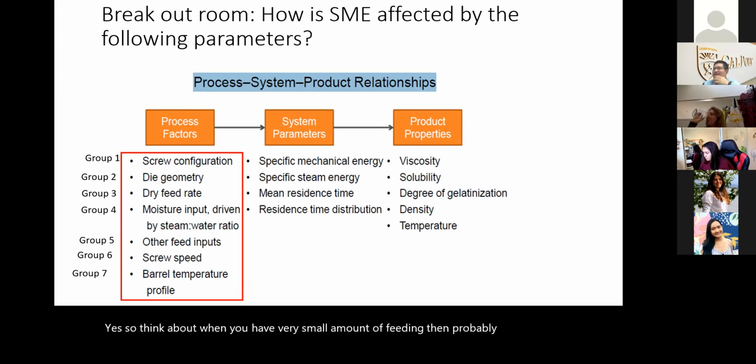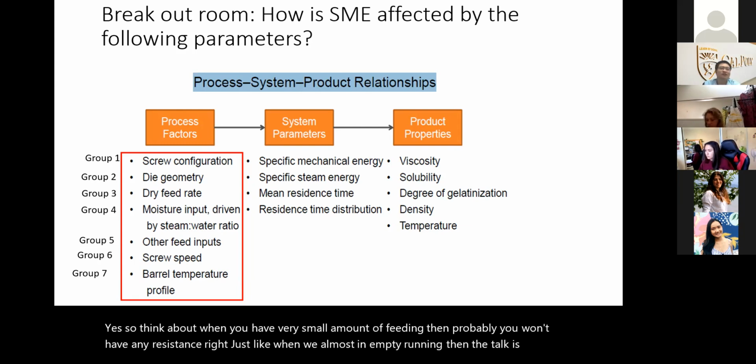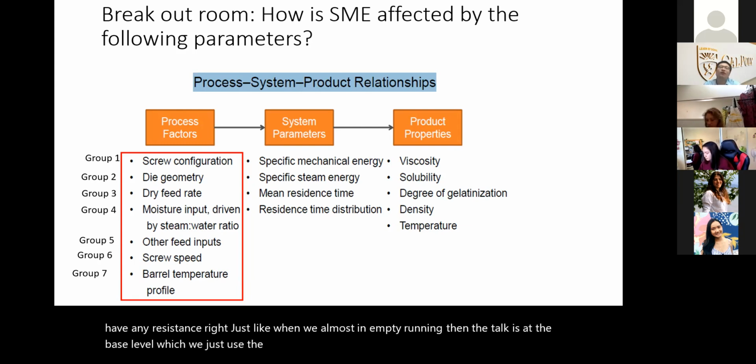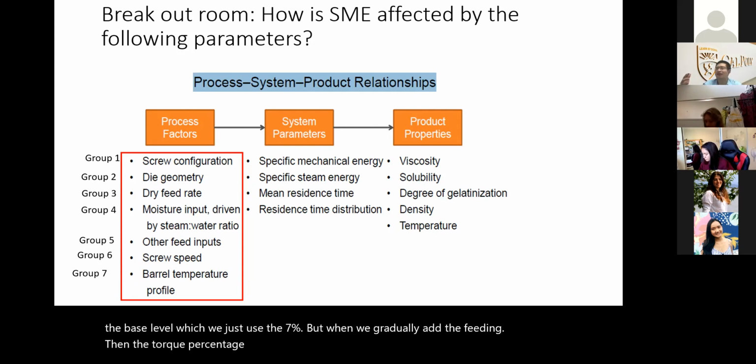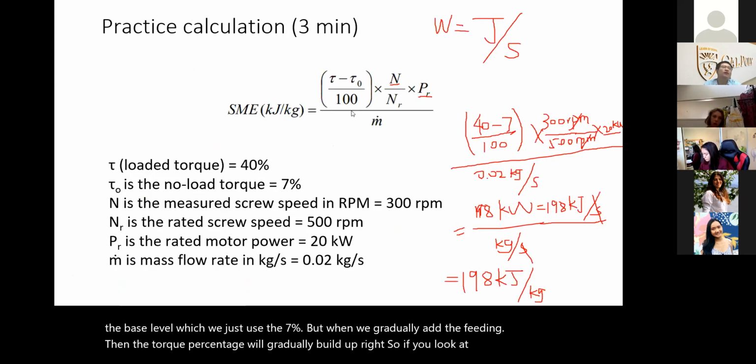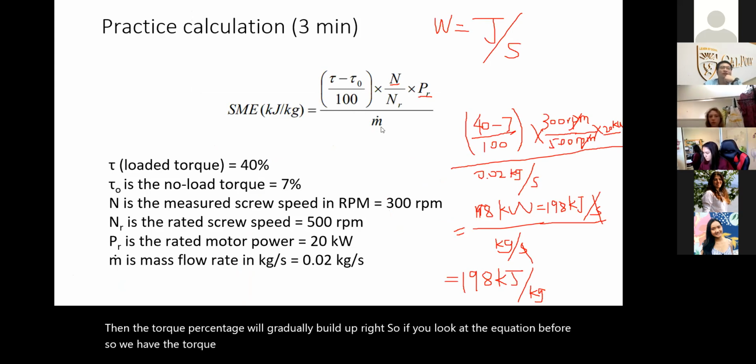Think about when you have a very small amount of feeding, then probably you won't have any resistance, right? Just like when we are almost running empty, the torque is at the base level, which is just 7%. But when we gradually add the feeding, then the torque percentage will gradually build up. So in the equation, we have the torque percentage on the top and the mass flow rate on the bottom.